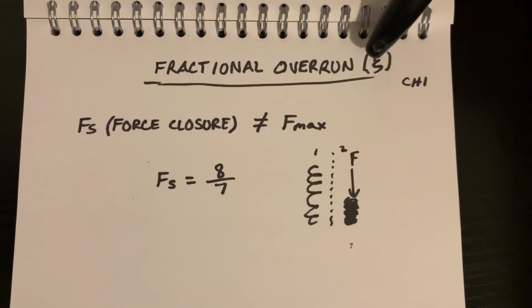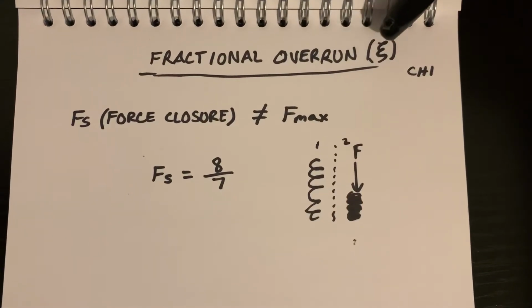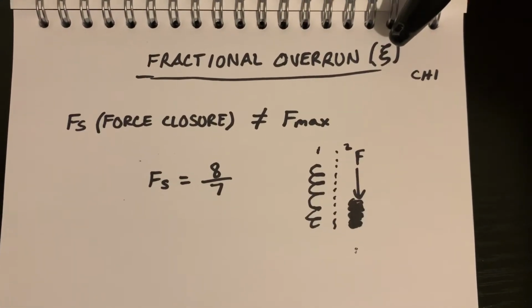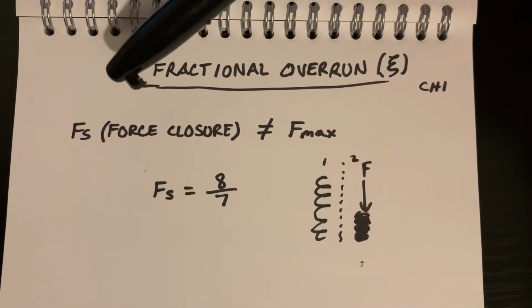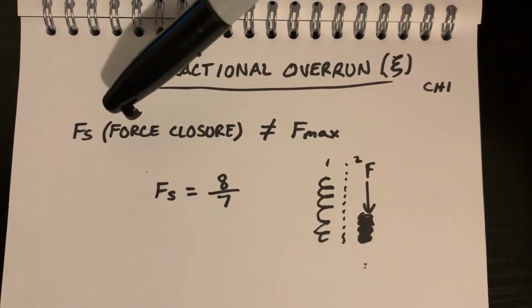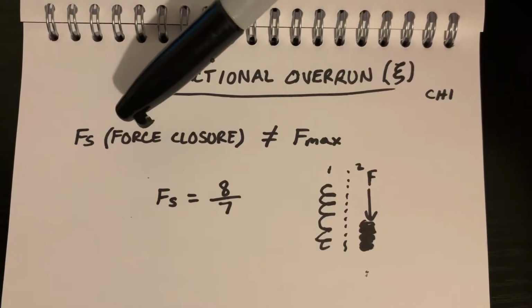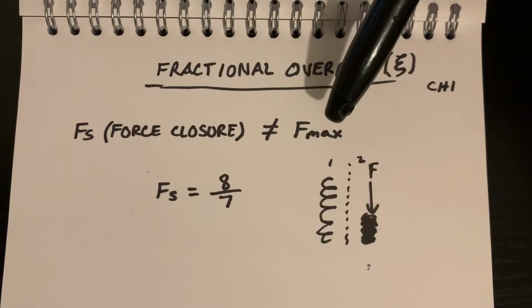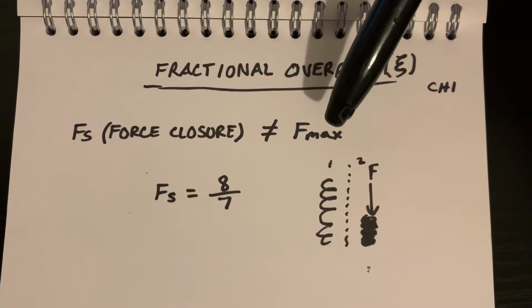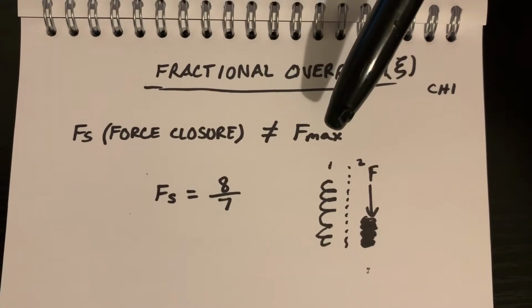And another little thing that's important is the fractional overrun, which is symbolized by the Greek chi. This is important because in a spring, the force at closure, F_S, is not the same as the maximum force on the spring.